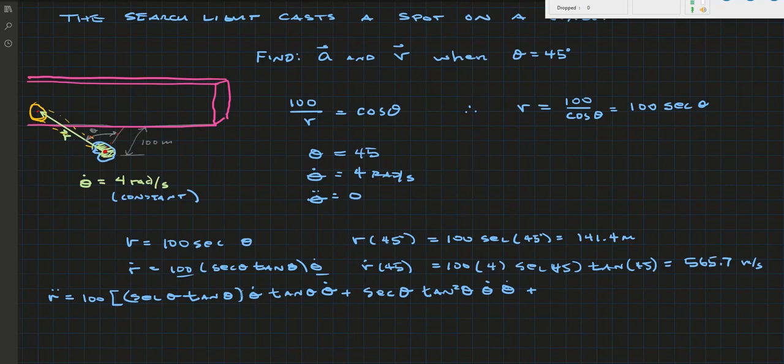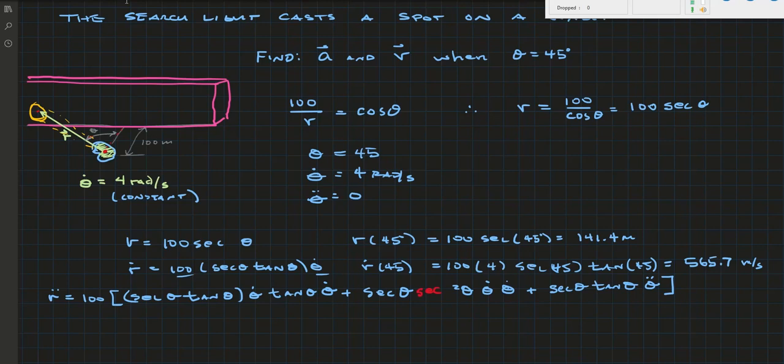Wait a second, that's a mistake. The derivative of the tangent of theta is the secant squared theta. Okay, and then finally, let's look at the theta dot. So we'll have the secant of theta unchanged, the tangent unchanged, and then theta dot is just theta double dot.